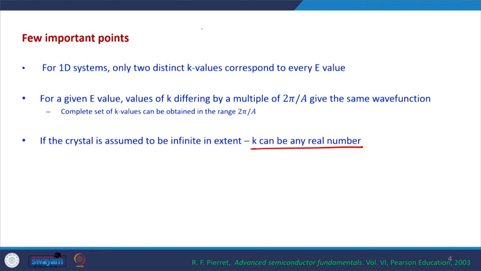The statement of the Bloch's theorem says that the wave function can be written as e to the power ikx times u(x), where u is a periodic function with the period of potential profile. Okay.